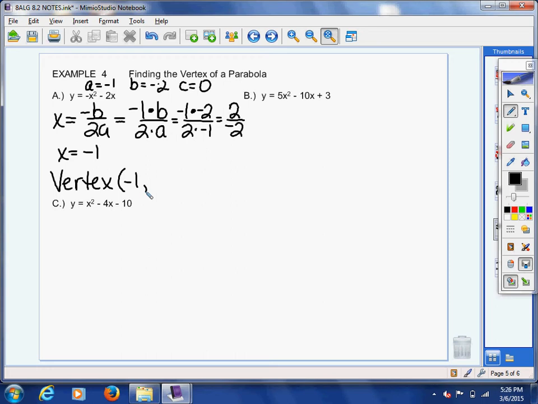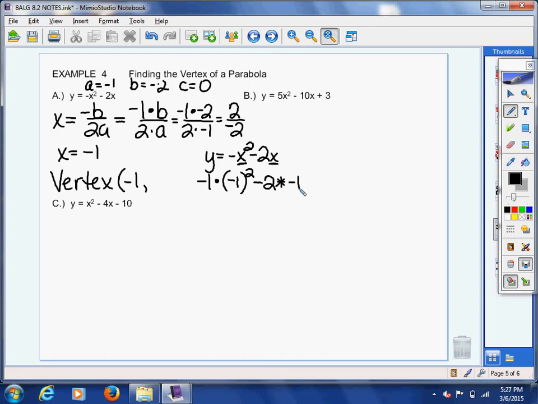All right, now how do I find the y? Well, what you're going to do is you're going to go back to the original equation. Y equals negative x squared minus 2x. And everywhere you see an x, you're going to plug in a negative 1. Now in a calculator, this is what that would look like. You would do negative 1 times, and then in parentheses, negative 1 squared minus 2 times negative 1.